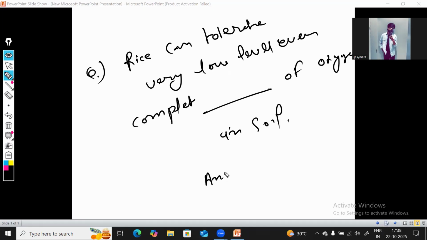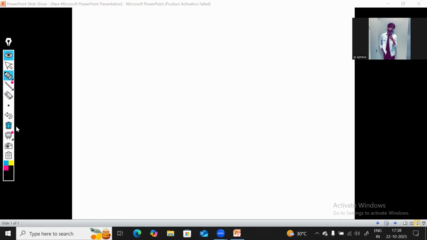We already know that when we grow rice, we do the puddling, we fill the field with water. When we fill the water in the field, oxygen automatically comes out from the void space, and the space is covered by water. So there is the absence of what? Absence of oxygen. So the answer would be absence. I hope it's clear to you. It's a very simple question.